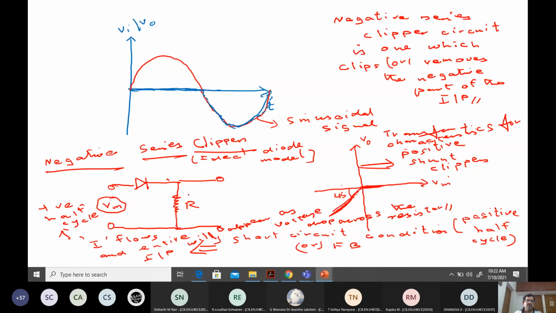So when no current is flowing through the resistor, the voltage drop across it will be 0, because IR, I will be 0. So there won't be any voltage drop, you will get 0, because it's an open circuit condition. So the equivalent circuit will be like this.